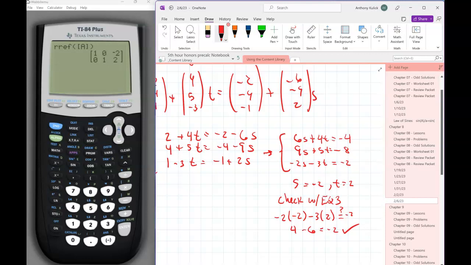So that did work. That system has a solution. So we know that we are intersecting.